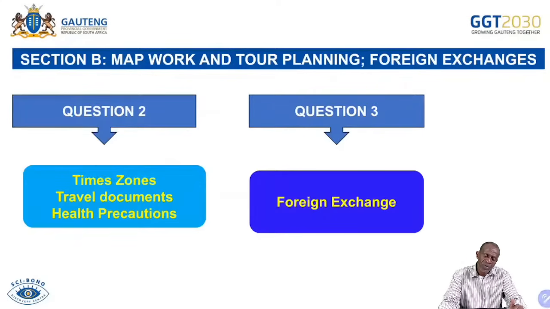Question number 2, you will come across questions based on time zones, also questions based on travel documentation and health precautions. Grade 12 learners, this is what forms your question 2.